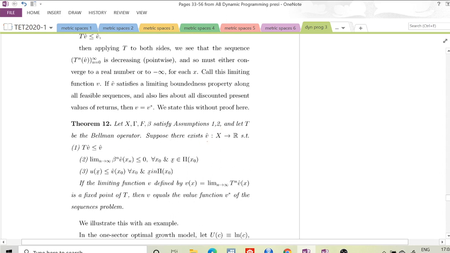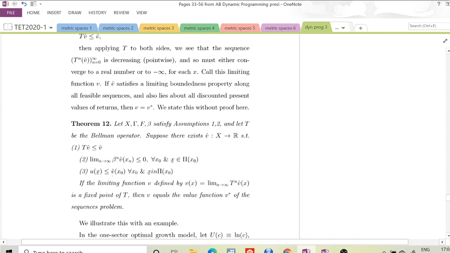And suppose returns may not be bounded, but suppose there is some value-like function v hat, which satisfies that T v hat is less than or equal to v hat. Okay. And for this value-like function, there is some transversality kind of stuff that's happening.